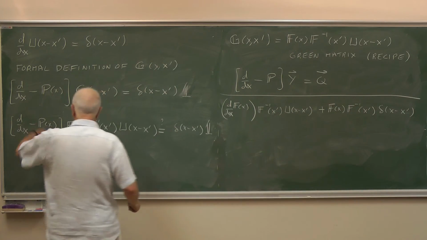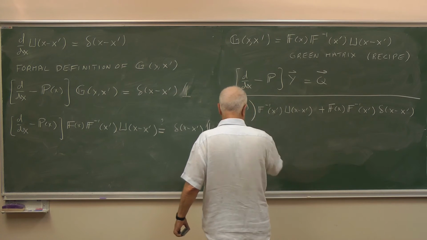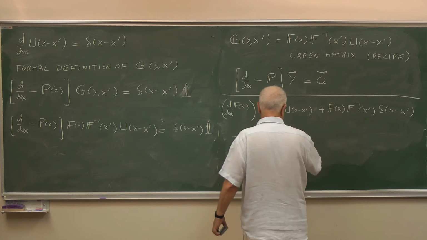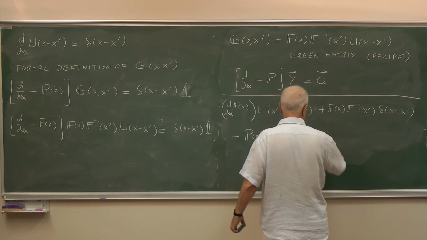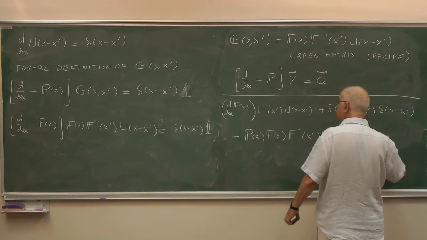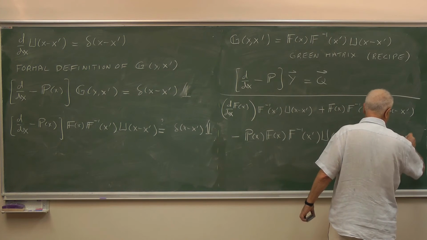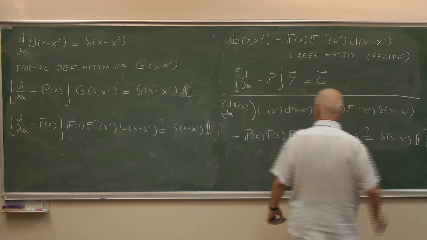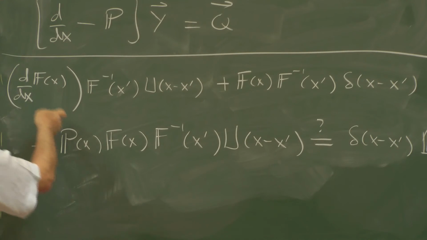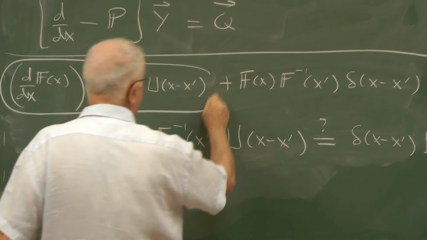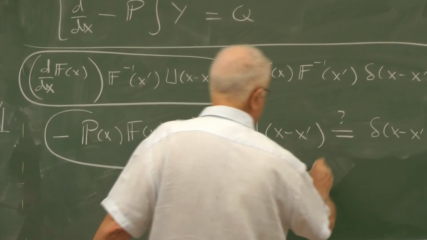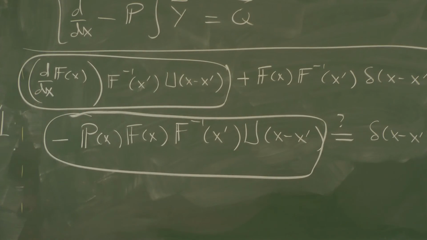That was the derivative. Now minus p of x F of x F inverse of x prime u of x minus x prime. Does this equal to the delta function times identity? Well, dF dx, remember, is p times F. So the first terms of both sides cancel.